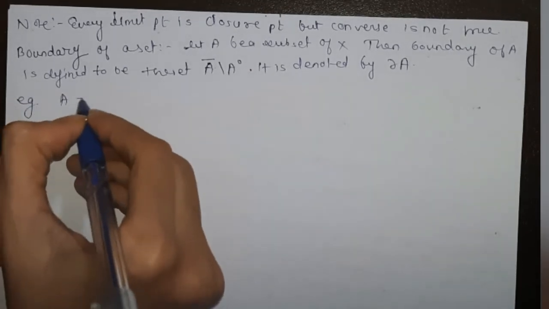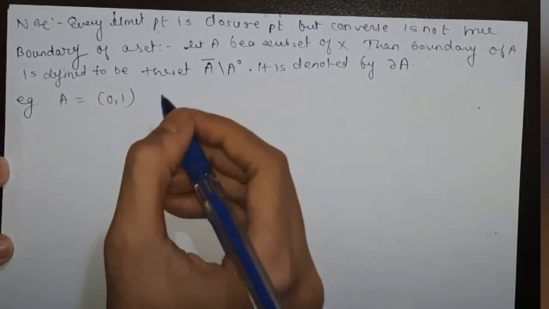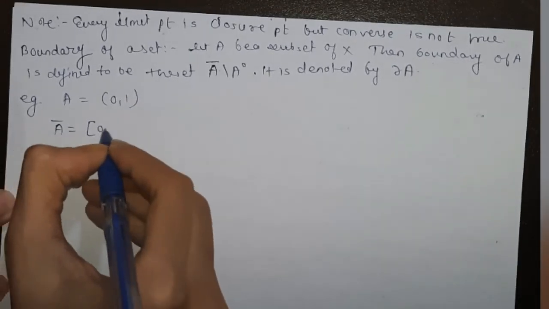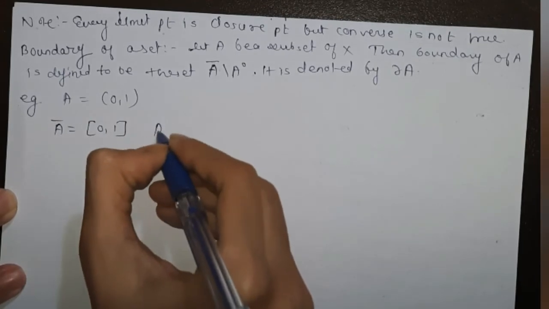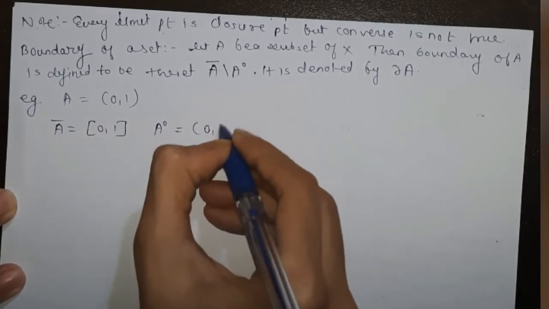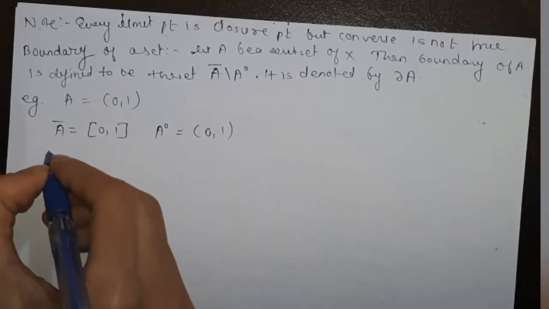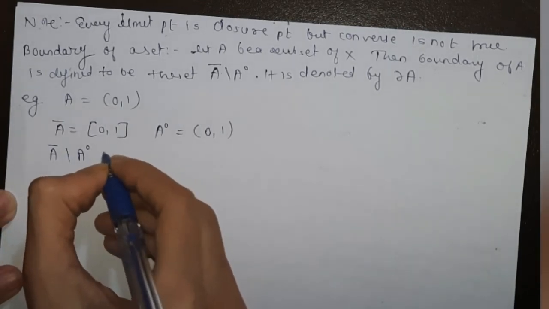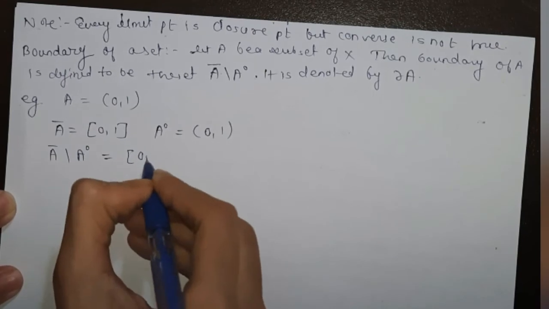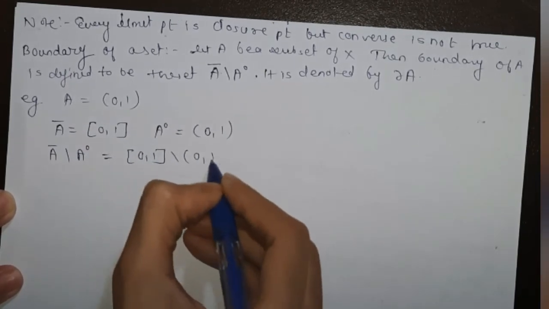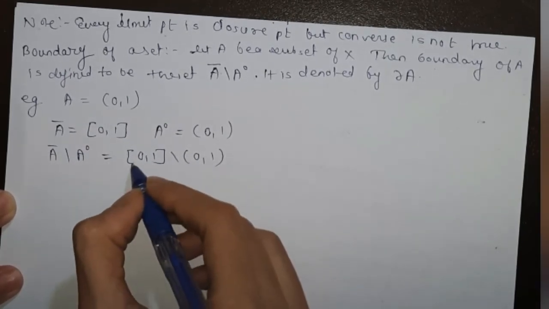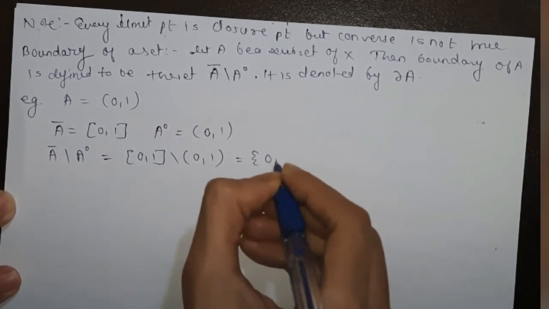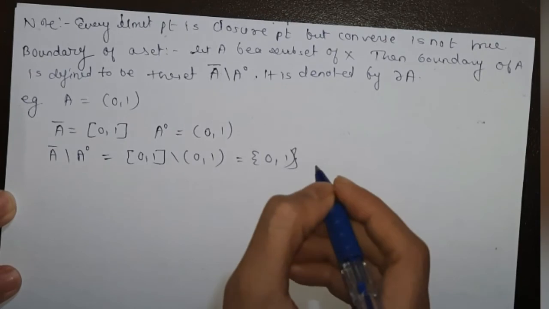Suppose A is the open interval (0, 1). A closure is the closed interval [0, 1], and A interior is the open interval (0, 1). So A closure minus A interior is the closed interval [0, 1] minus the open interval (0, 1), which is equal to {0, 1}.